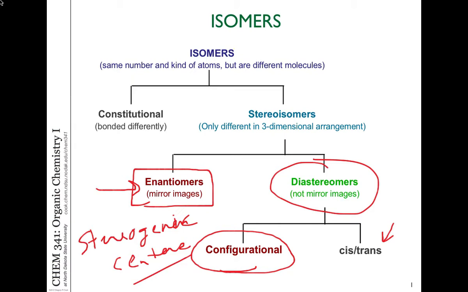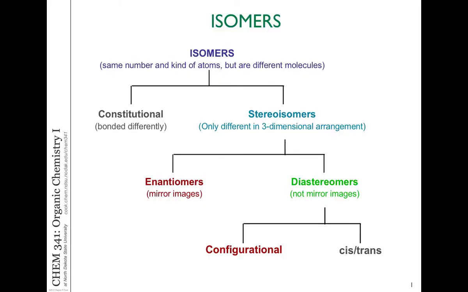They don't necessarily have asymmetry or mirror image isomers. E and Z would be cis-trans diastereomers, yes. E and Z, cis and trans on a ring, all of those.